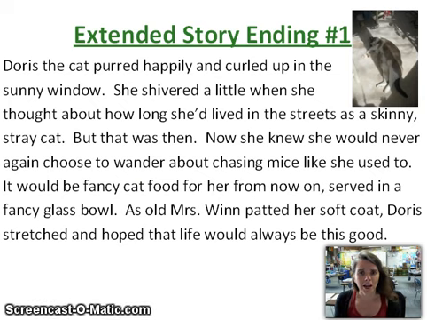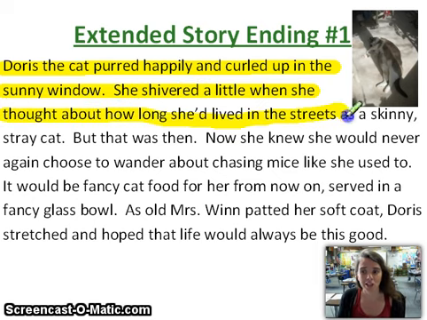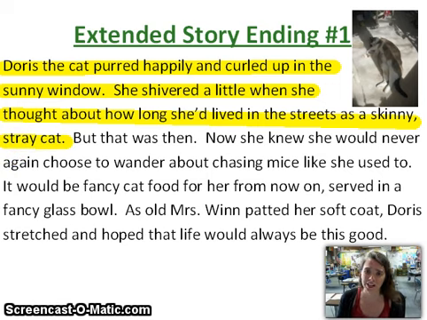Well, I am looking at the first 2 sentences. For the first 2 sentences, I see that Doris the cat purred happily and curled up in the sunny window. She shivered a little when she thought about how long she'd lived in the streets as a skinny stray cat. Now there are a couple things going on with that example.